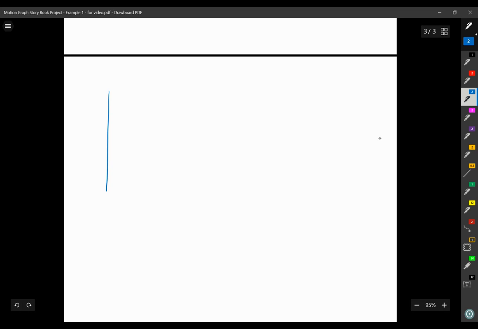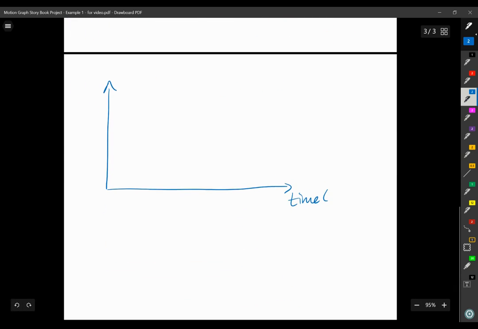So I'm going to start with drawing my axes. Something like that. I'm only drawing the top part because all of my displacements, all of my positions are positive. If you have any negative ones, you would need to just extend your y-axis down like that. This one is going to be time, and it's in minutes.